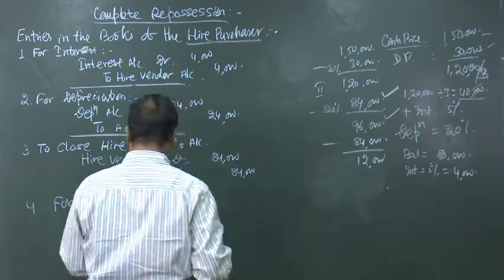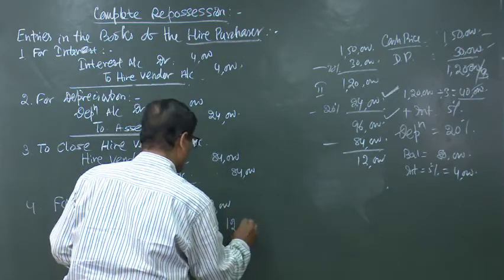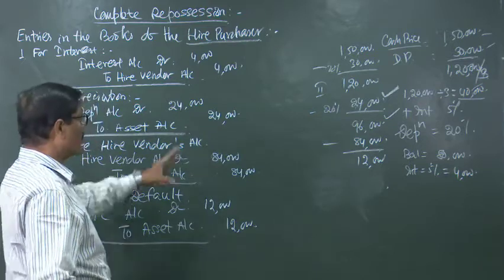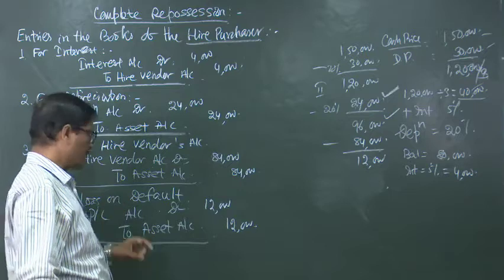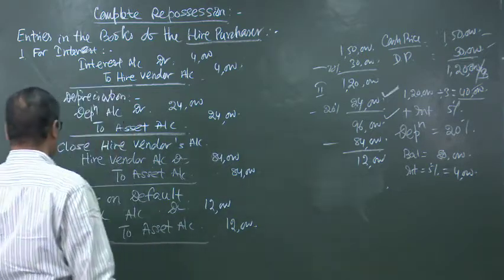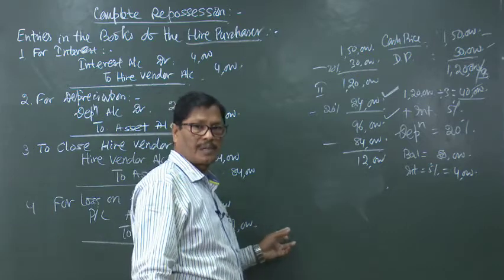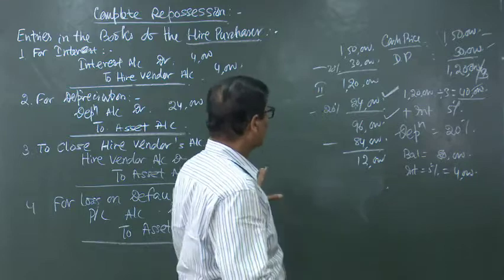So profit and loss account debited 12,000 to asset account 12,000. In this way, the asset account, as you will see when we prepare the ledger accounts, is automatically closed by this entry of 12,000. So the loss on default is 12,000. These are the journal entries.